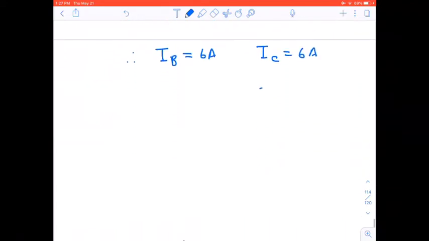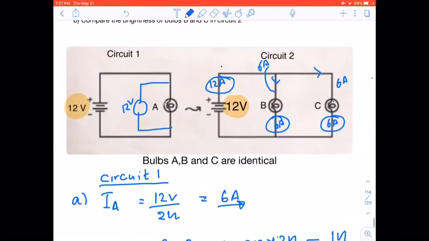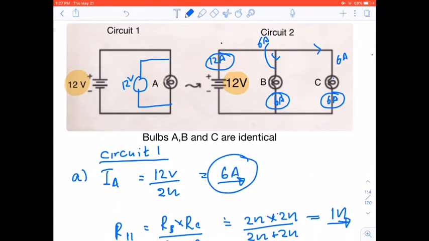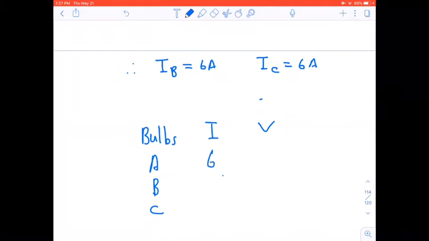Okay, so if I maybe just tabulate it like this, let's say we have bulbs A, B, and C. Then we look at the current and the voltage. In the first one we had 6 amps, and the voltage across the bulb is equal to 12 volts.